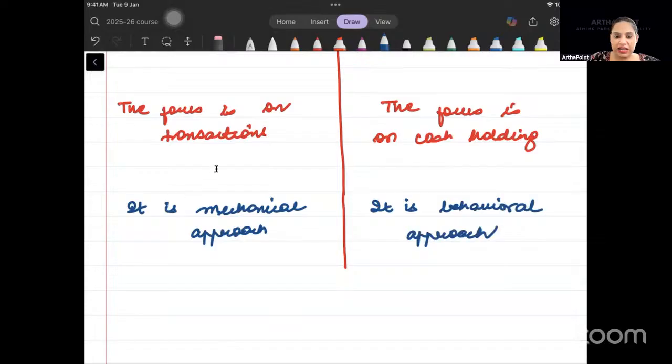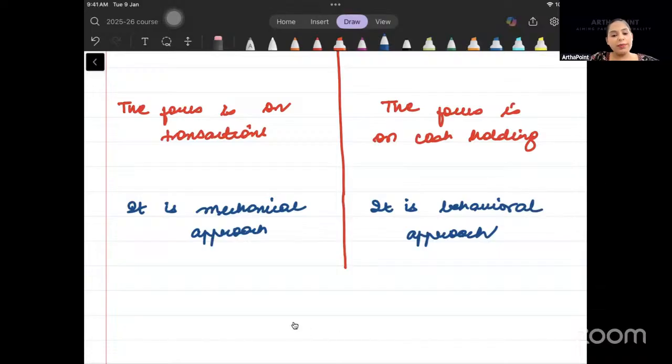Either way, whether we talk about transaction demand or the cash balance approach, please remember that we assume that the velocity of money is constant. That is something common across the two approaches.